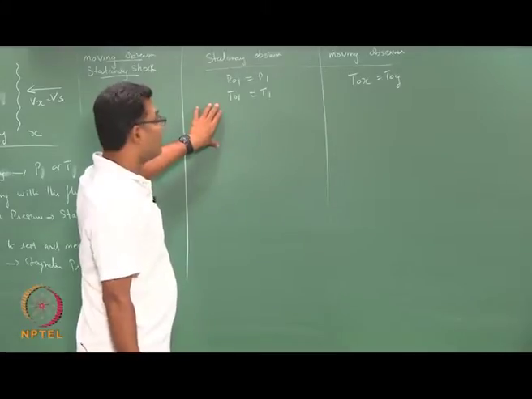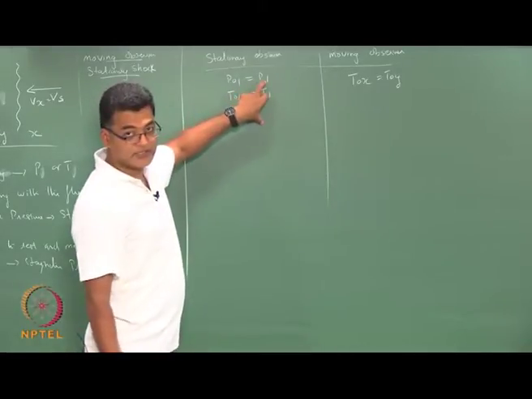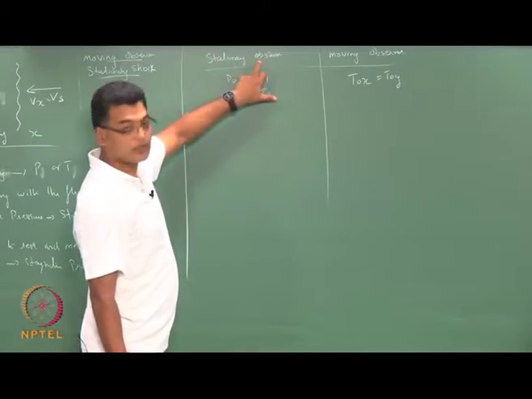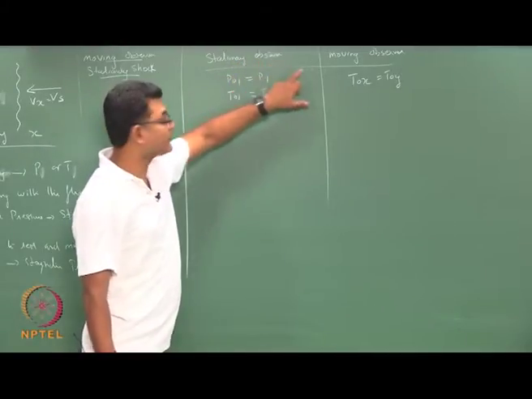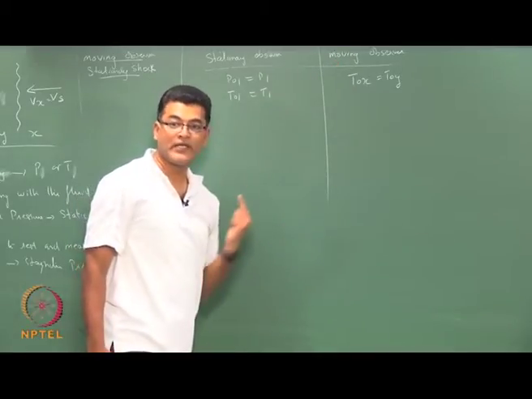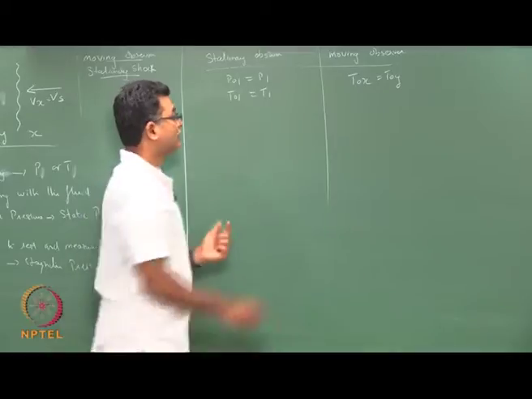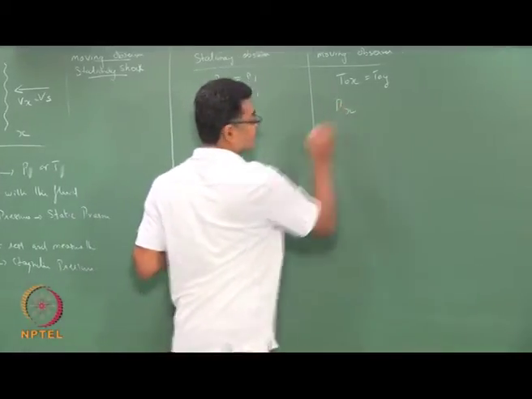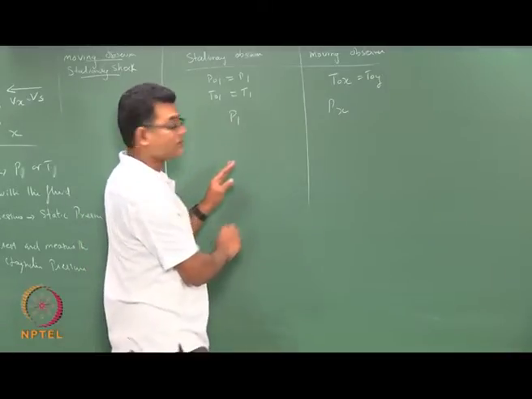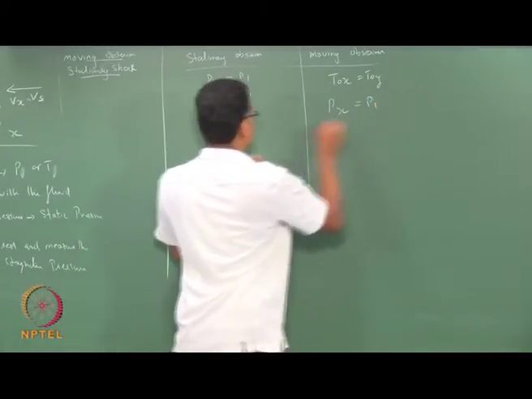Okay. And now the static quantities which we had measured from the stationary coordinates are also the same as in my moving coordinates, because I am moving along with my fluid. So, the Px that is measured here is same as my P1.